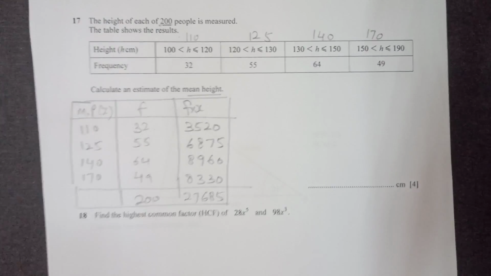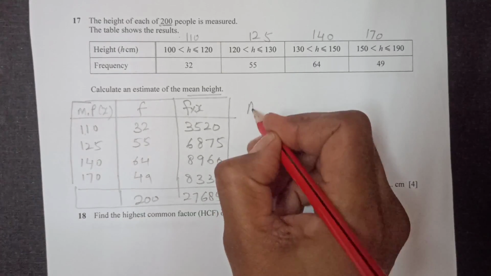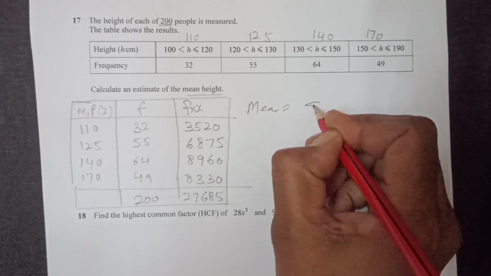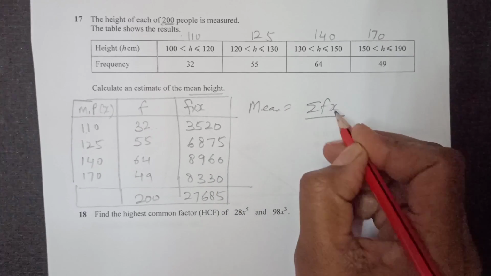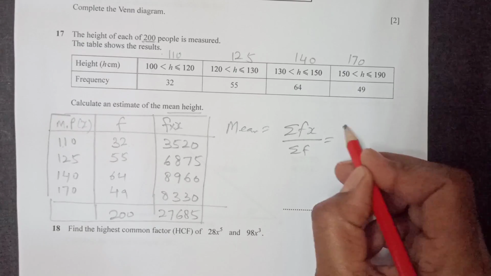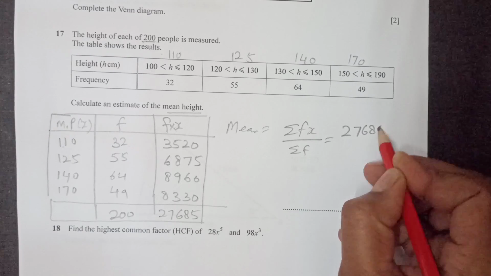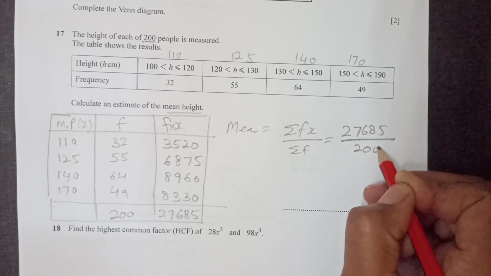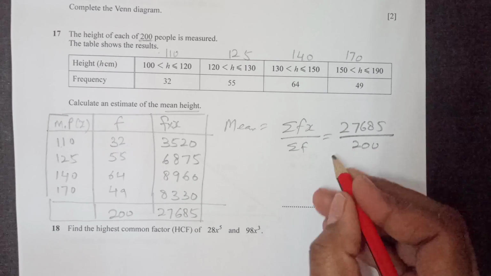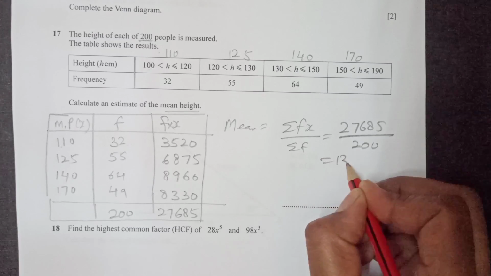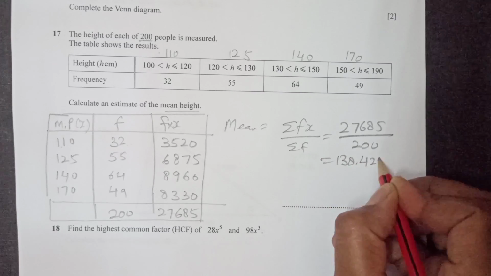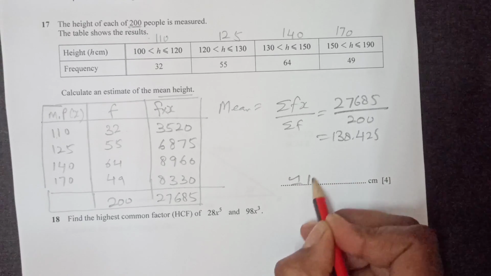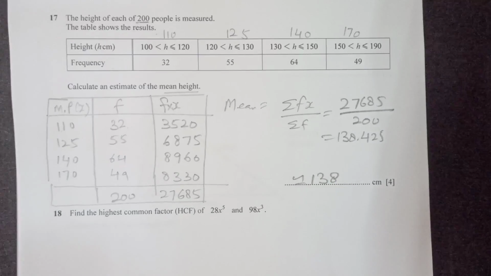So this is the table that we are going to use. Now mean is going to be sigma fx, the sum of fx, so this is 27,685 divided by 200. When you calculate this, you are going to get 138.425. So approximately you can write down 138, right?